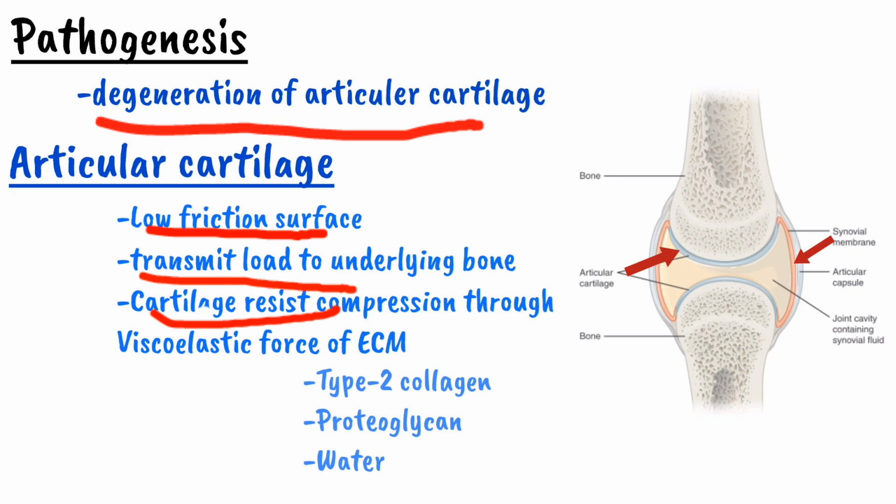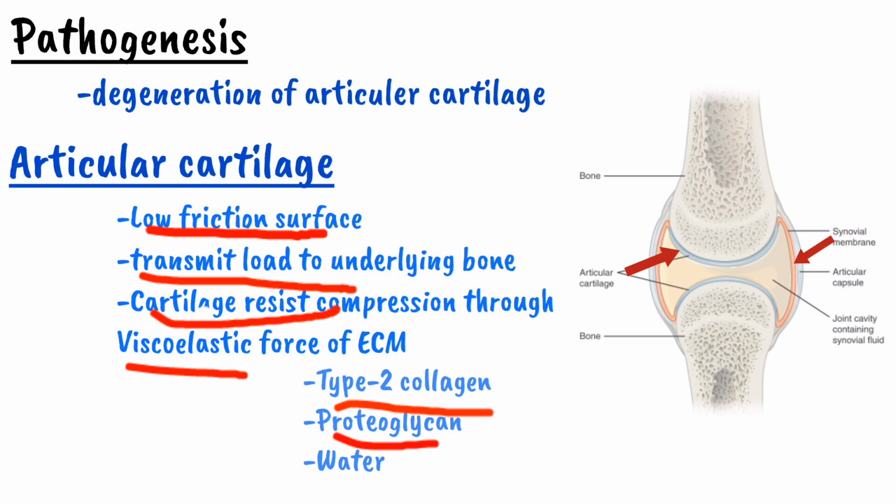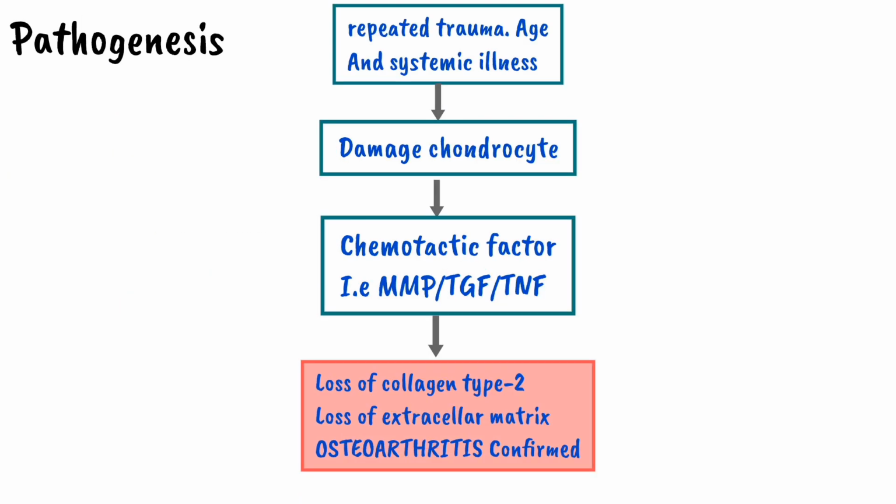It resists compression due to the viscoelastic forces of the extracellular matrix, such as type 2 collagen, proteoglycan, and water. In osteoarthritis, the viscoelastic forces provided by the matrix of the articular cartilage get destroyed. How does it get destroyed? Due to repeated trauma, age, and systemic illness, which cause damage to the chondrocyte.